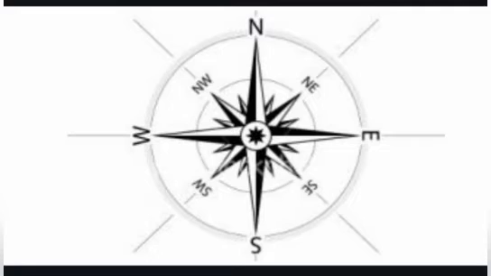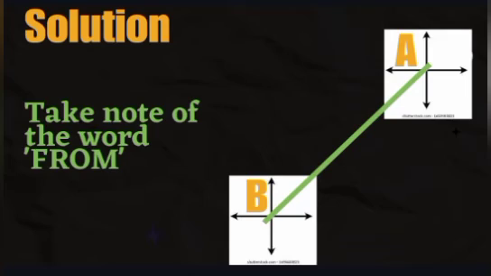Now, because our question says from A, our point of interest is point A. So, on which of these parts is this given line touching point A?